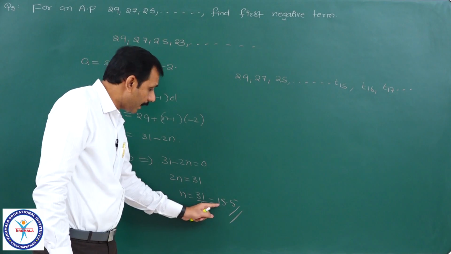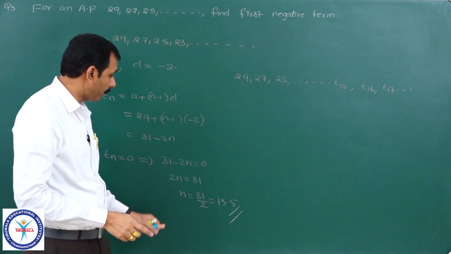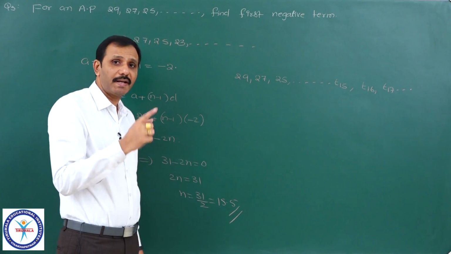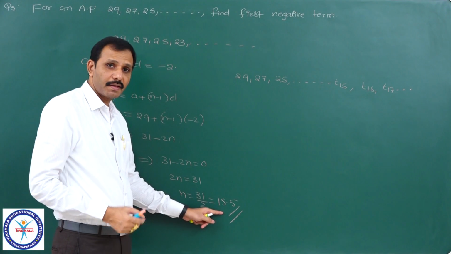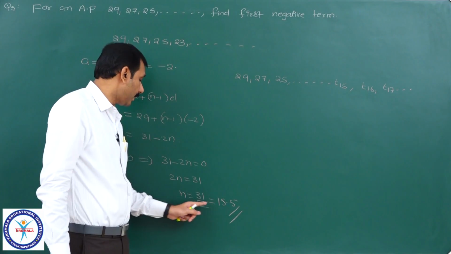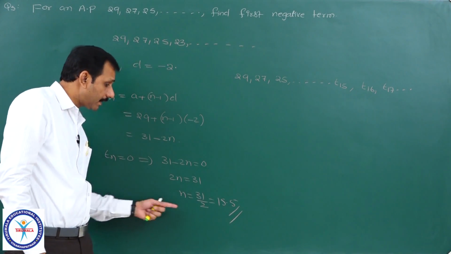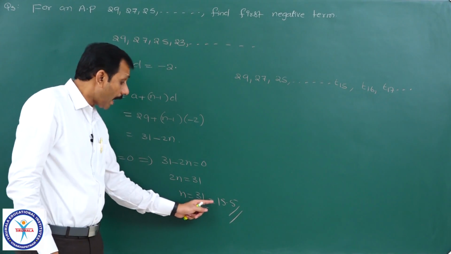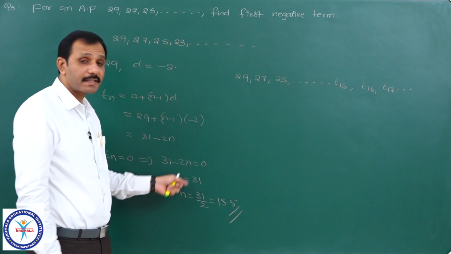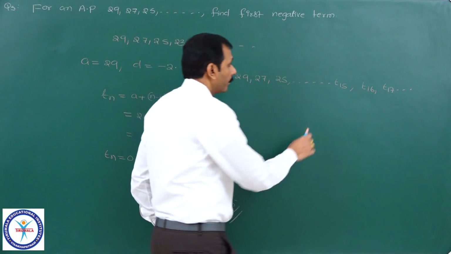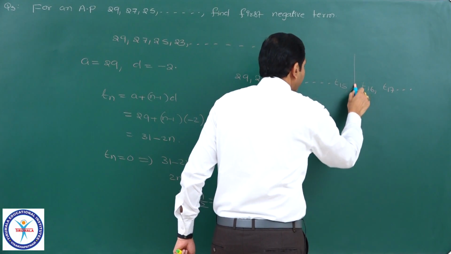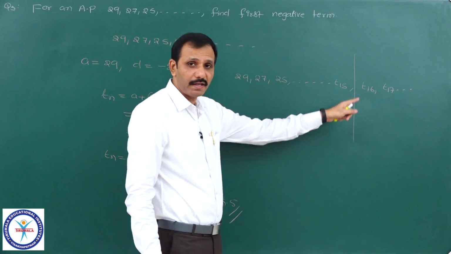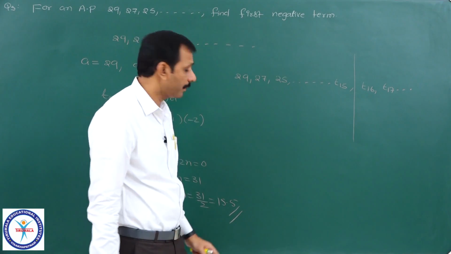Here for n equal to 15.5, this term actually does not exist, but it means before this term the 14th term is positive, and after 15, the 16th term will become negative. That is, 15.5 means somewhere between 15 and 16.